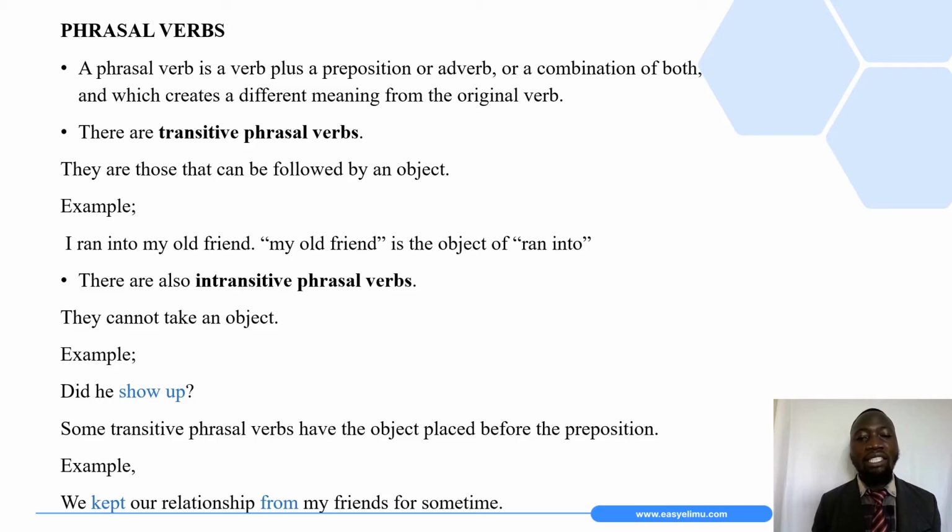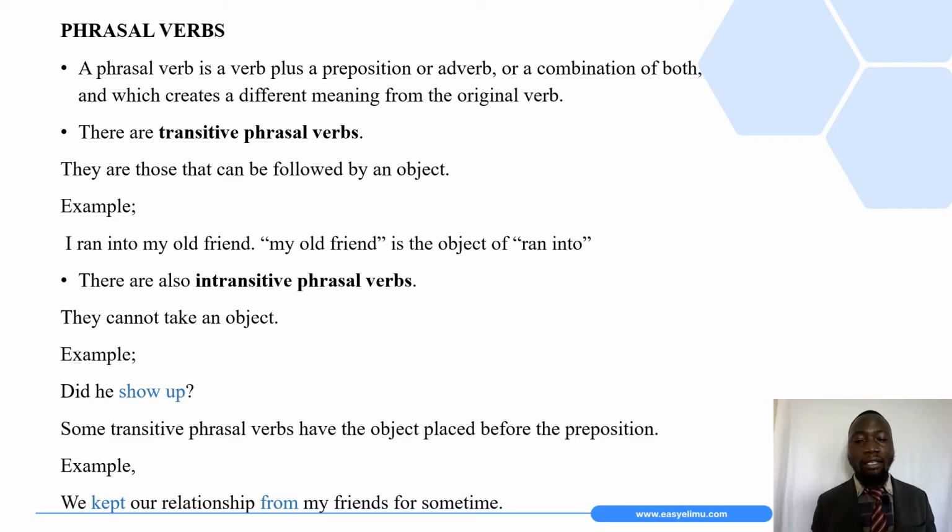So there was the subject I, then the phrasal verb ran into, and the object was my old friend. In the second example, about intransitive phrasal verbs that cannot take an object, the phrasal verb is show up.